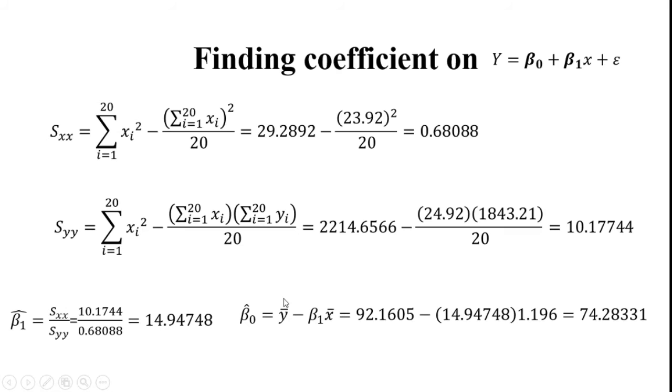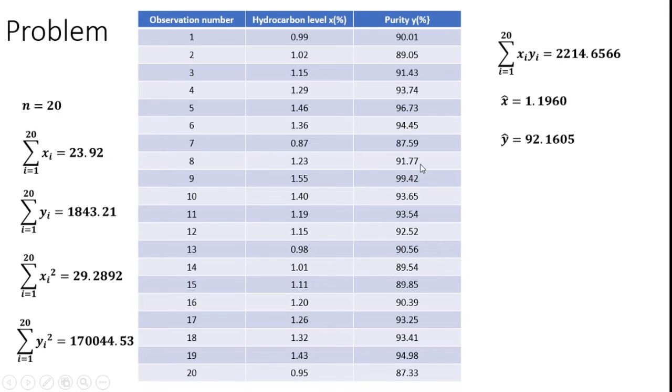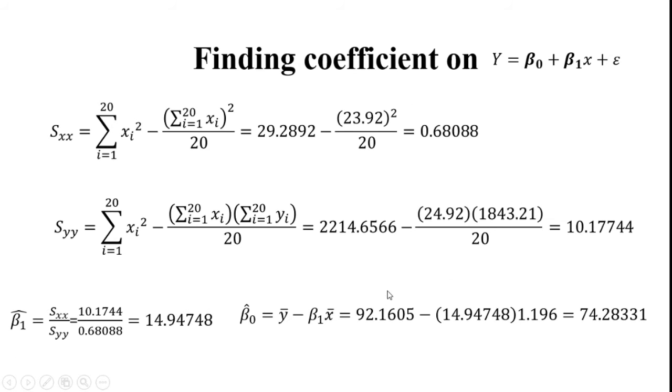Similarly, for identifying beta naught, I utilize y bar minus beta 1 x bar, so that I can substitute the y bar value from the experimental tabular column and the x bar value from the experimental tabular column. So I substitute the values of y bar, x bar, and also the beta 1 value from this equation.